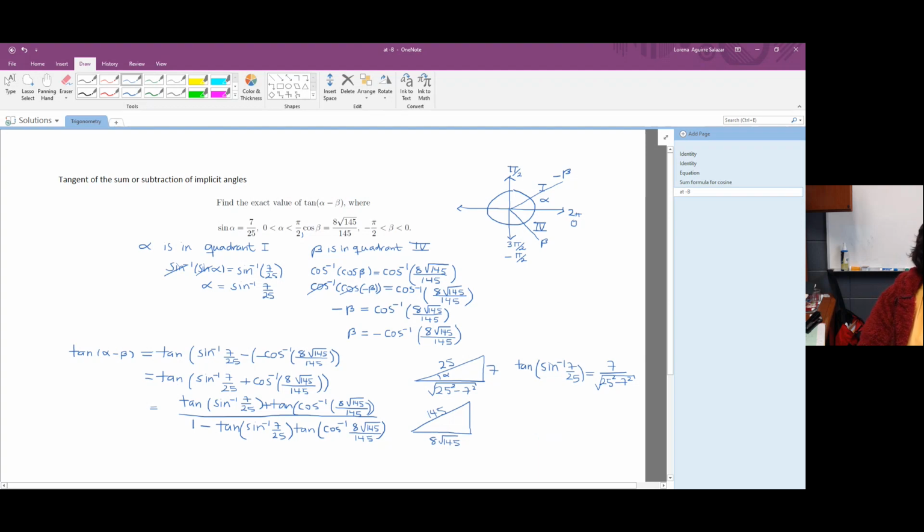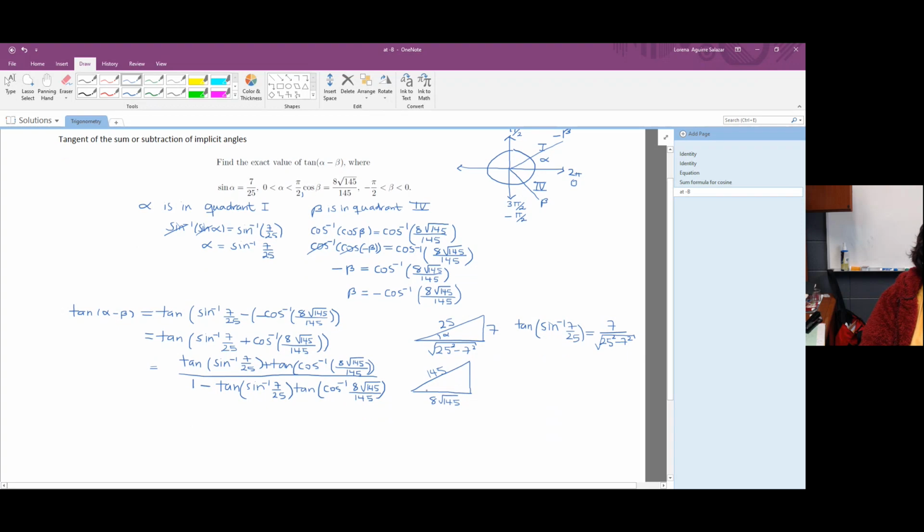Okay, and we complete the triangle. If we want to find the tangent of negative beta, that's what we're working on here. Remember, this expression right here is negative beta, same with this one. And if we want to find the tangent of that angle, then we want to work with this triangle.